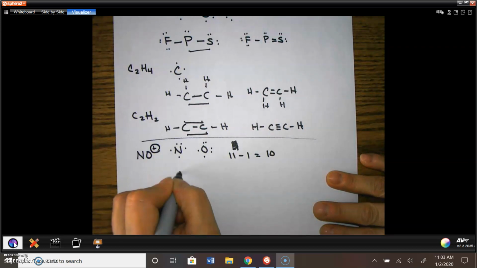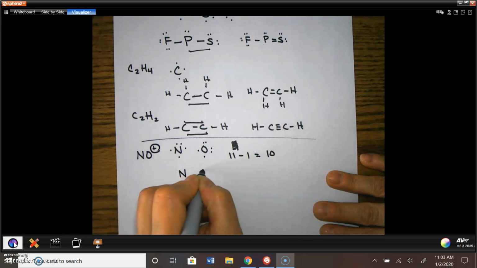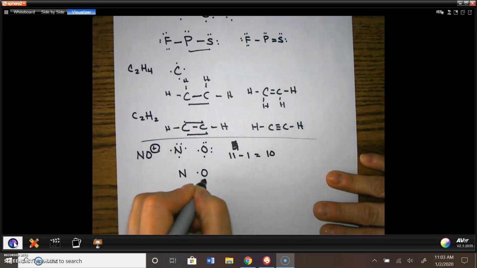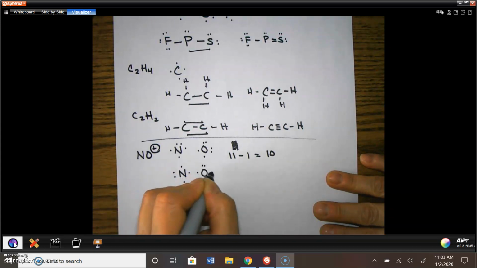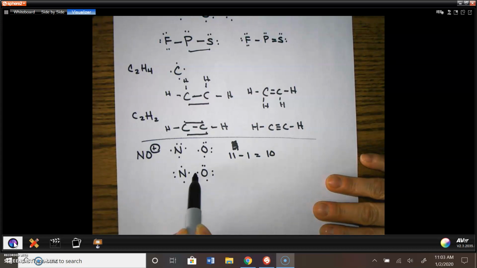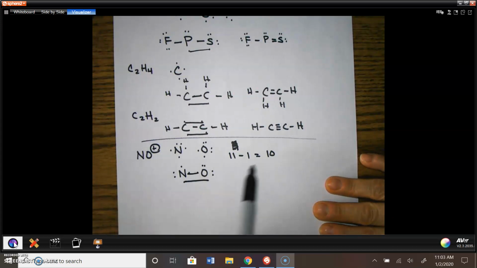Okay, so nitrogen and oxygen, I'm going to obviously put the lone electrons near each other. So you can see 1 bond here, 1 bond here. Well, in order to lose an electron, what's going to have to happen? I can take this electron away, or I can break up this pair and take one of those electrons away.